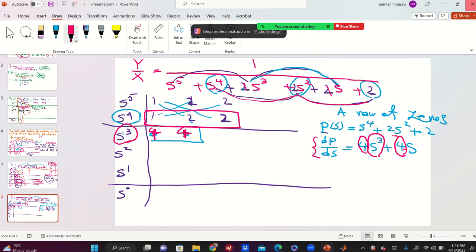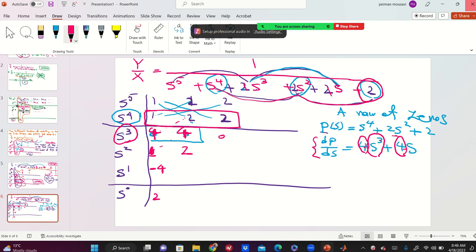Now you can continue. 4 multiplied by 2 is 8, minus 4, 4. 4 divided by 4 is 1. And here is 0, obviously. 8 divided by 4, 2. Next line. 1 multiplied by 4 is 4, minus 8 is minus 4, divided by 1 is minus 4. And the last line is 2.